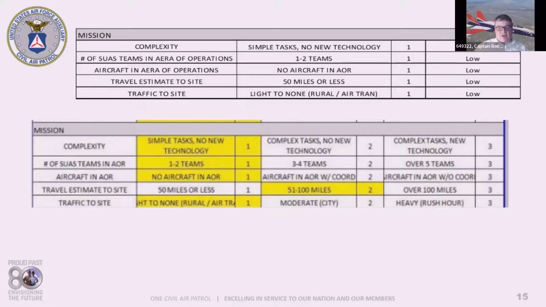Was I up here in Sault Ste. Marie, everything's rural. When you're in a population of 7,800, everything's rural. Now, if I'm traveling in Flint or in Saginaw or in the Detroit area, I'm probably going to look at moderate for city traffic.